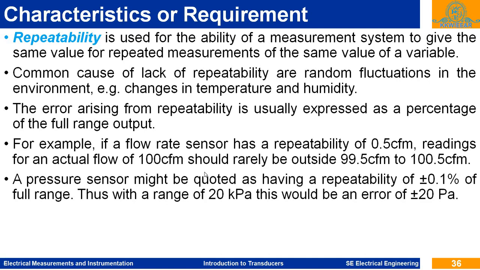So based on the change of temperature, there is a change in the viscosity of that liquid, and because of this change in the viscosity, there should not be an effect on the repeatability of that transducer. Okay, a pressure sensor might be quoted as having a repeatability of plus minus 0.1% of full range, thus with the range of 20 kilopascal, this would be an error of plus minus 20.